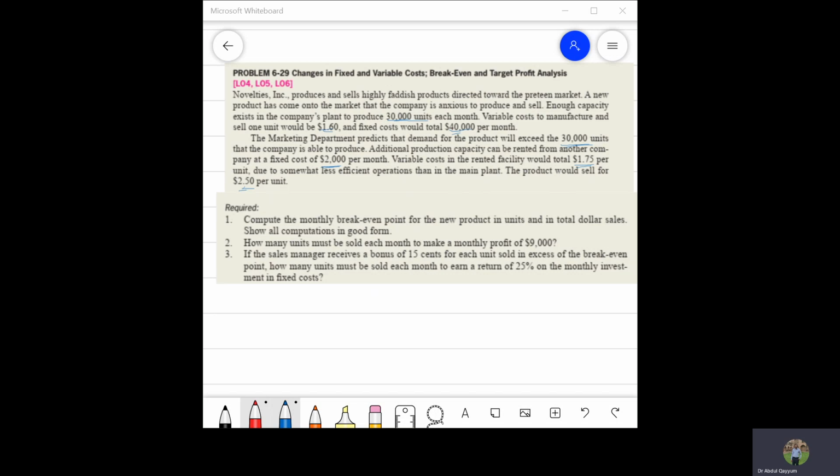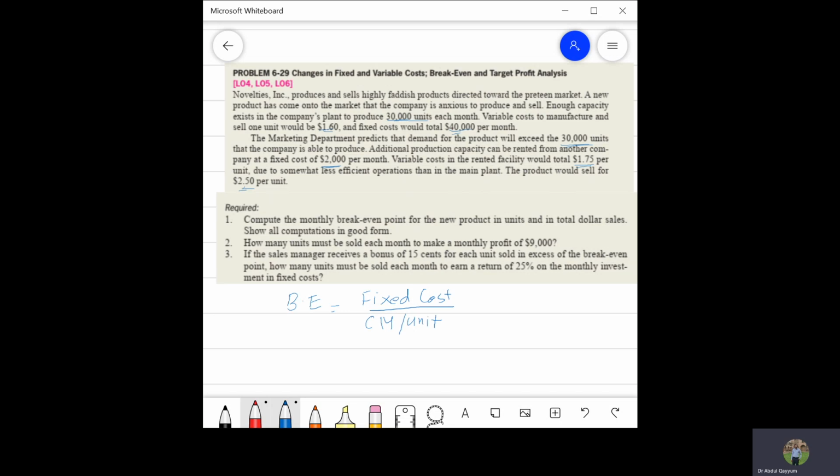सबसे पहले हम अगर देखें कि हमारा जो ब्रेक इवन पॉइंट है उसका फॉर्मूला क्या था. So break even was fixed cost divided by contribution margin per unit.